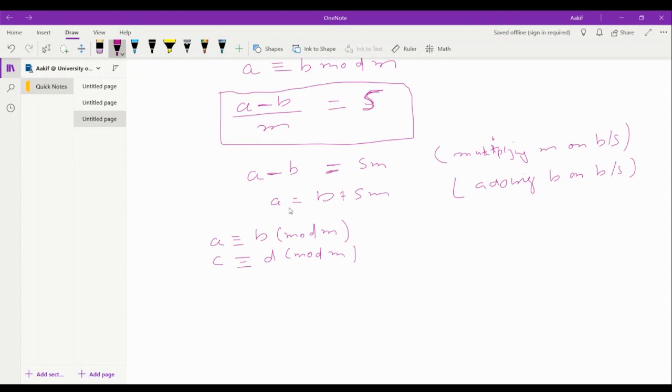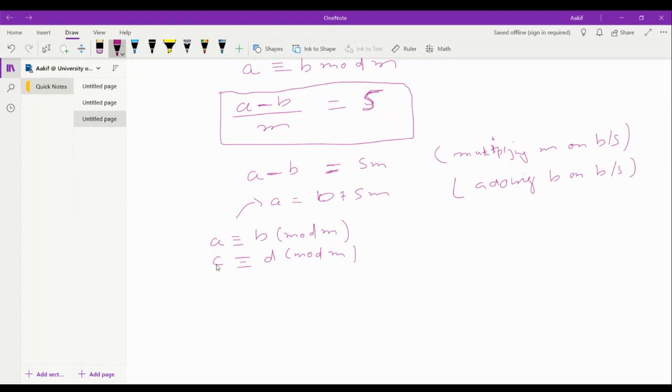And at the same time, we know that when A is congruent to B mod M, then A will be equal to B plus S times M, where S is some constant, some integer.